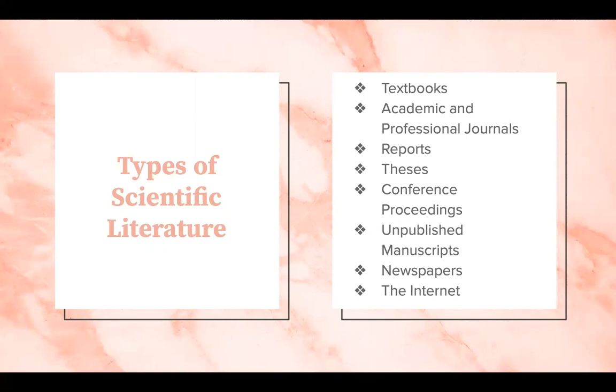Therefore, as a rule, you will need to use a combination of information sources. The precise combination of resources depends on the nature and the objective of the research project. So in the following slides, I will be explaining how to approach these literature according to our studies.